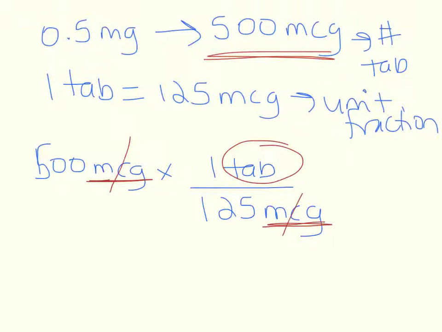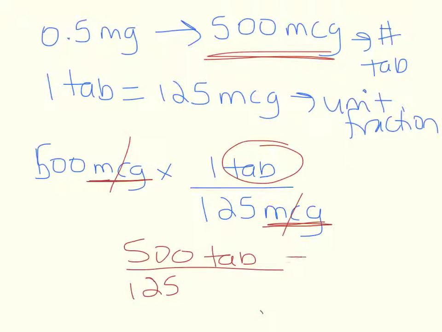So when we do the math, 500 times one tablet will give you 500 tablets, but we're going to divide that by 125. And when we divide 500 by 125, we actually get our answer of 4 tablets. And that does answer the question to our mathematical understanding.